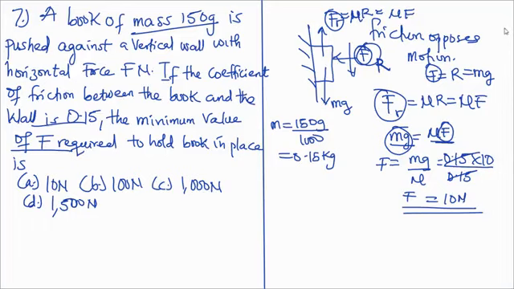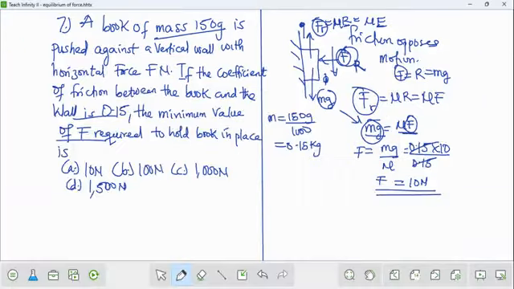I hope you understand. And I said it is the minimum value of F required to hold the book in place. So it means this is the force that will make this book not come down, that it is resisting it. Instead of R, it is now mu F. Now I said this mu F is equal to this mg. So that's all I did there. It is actually simple. Please don't be confused, guys.